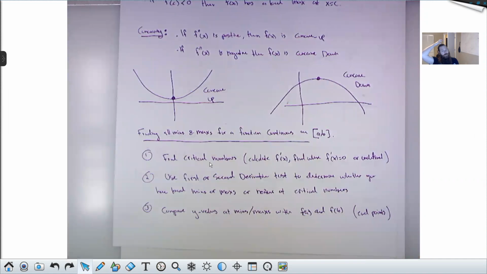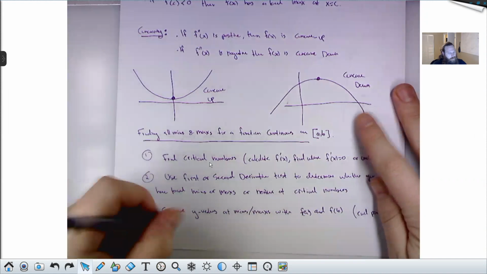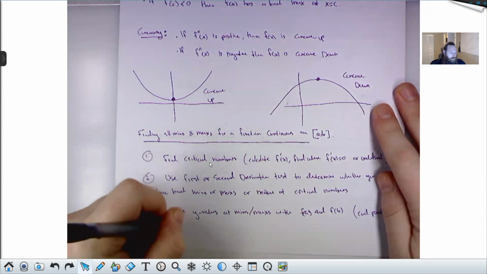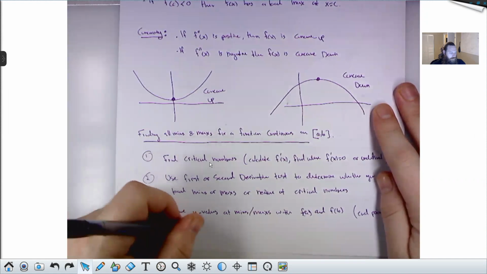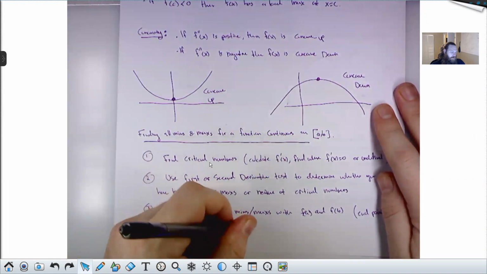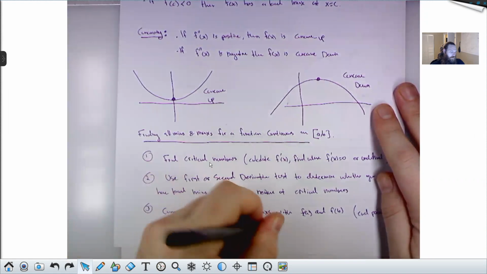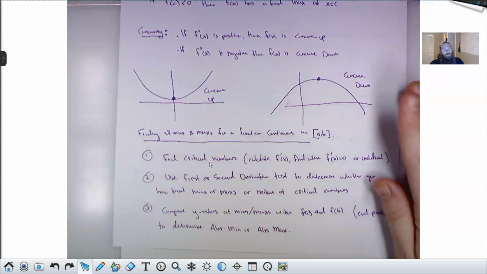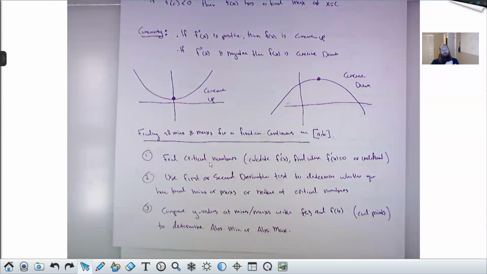So your absolute min or absolute max may come from the y values at the endpoints. All right, so this is the procedure for finding all the mins and maxes, including absolute mins and maxes, for a continuous function on a closed bounded interval.